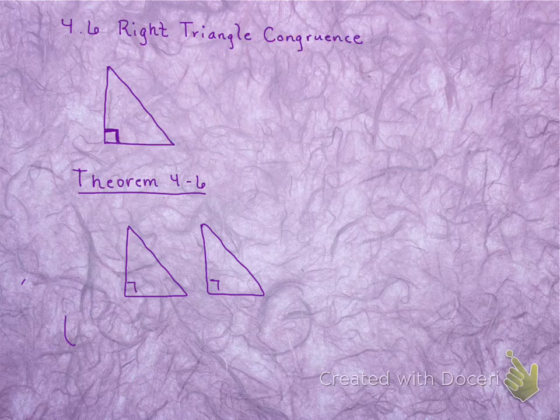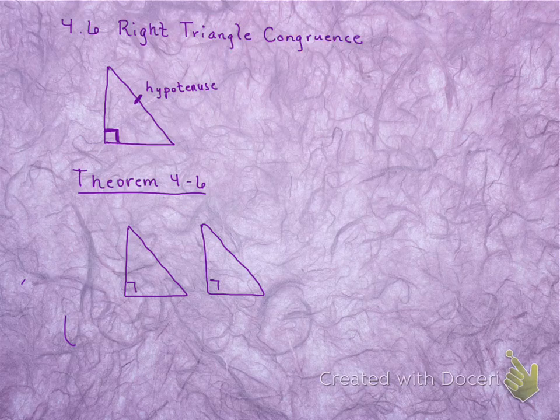Because it's a triangle, it has three sides, but because it's a right triangle, the one special side that no other type of triangle will have is this longest side right there, and that is called the hypotenuse.